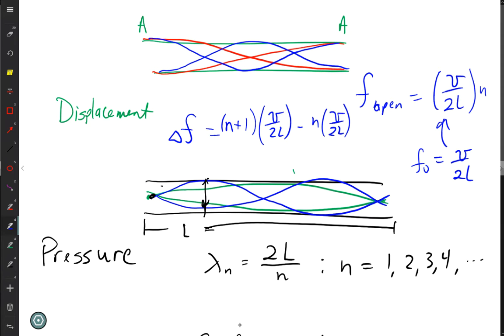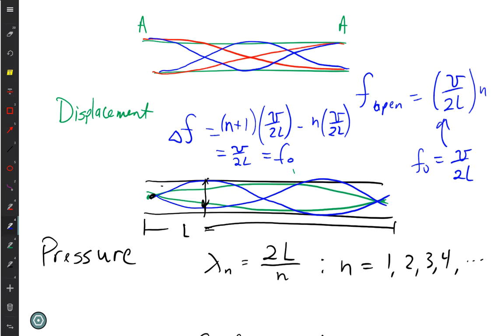What's that equal to? n plus 1 times v over 2L minus n times v over 2L. It's just v over 2L. So the difference between adjacent frequencies with an open tube or with the wave on a string is equal to the fundamental.